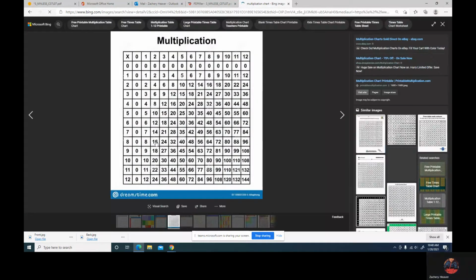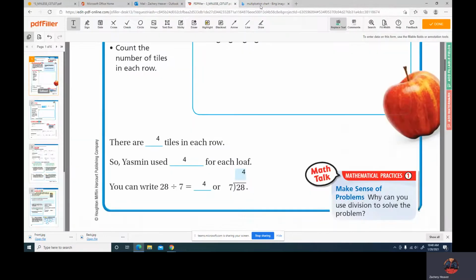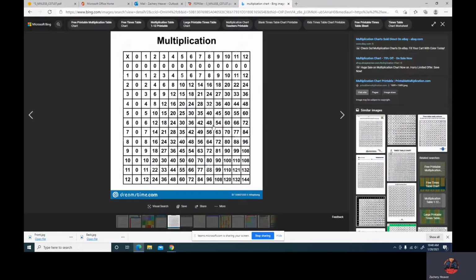There's one we can use. If you don't really understand how to do that yet, that's fine. Just ask your parents to look for your multiplication chart, and you can go back and forth like this, or pull this up and use this on your tablet, and then go back to the video.